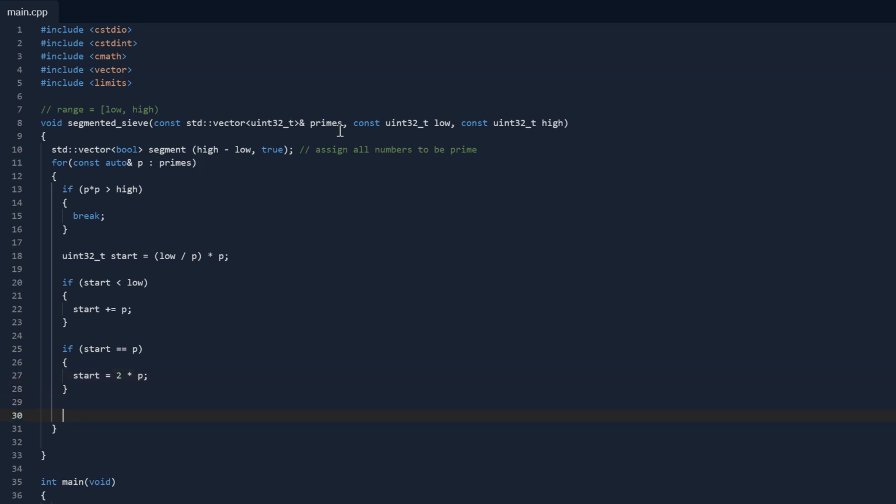All right. Now all we need to do is to set all the multiples of p in our range. The index would be given by start minus low. It goes to high minus low. It does not include high, so it's less. And we increment the index by p. So all of these numbers are not prime.